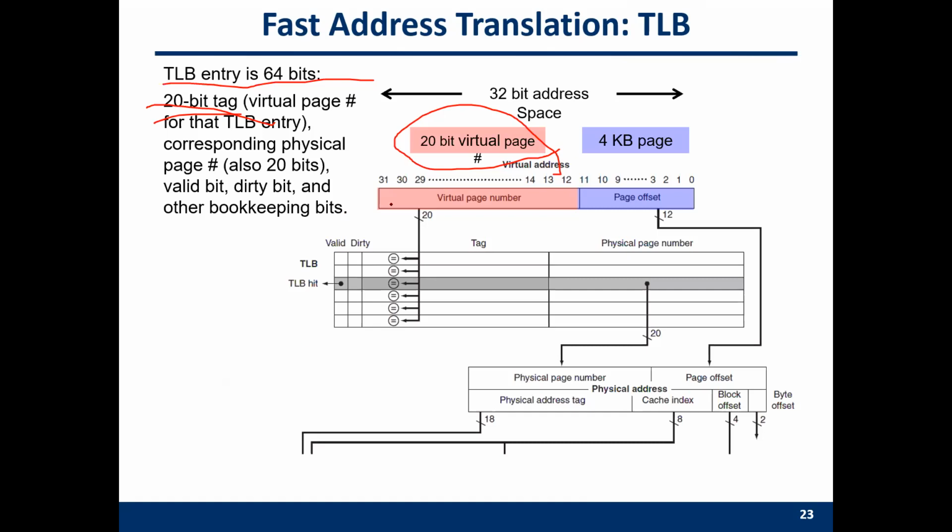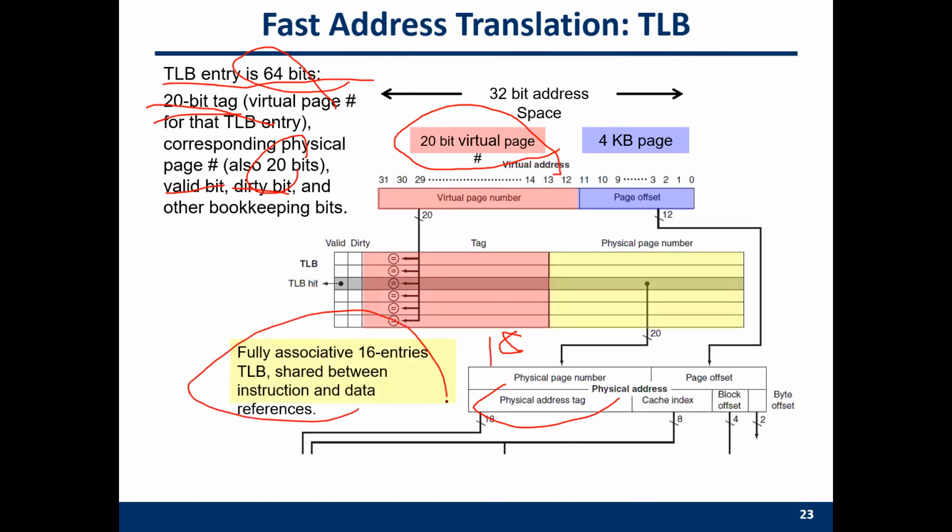And the corresponding physical page number is 18 bits, and we also have some valid bits and dirty bits. These bits, totally, we have another 20 bits. This is the reason why each entry is 64 bits for the TLB.